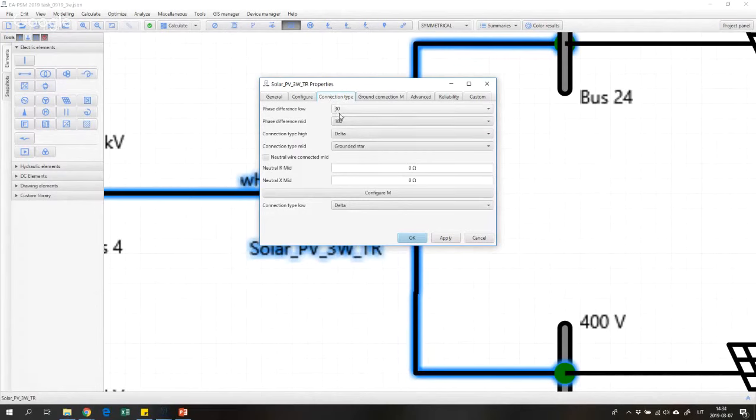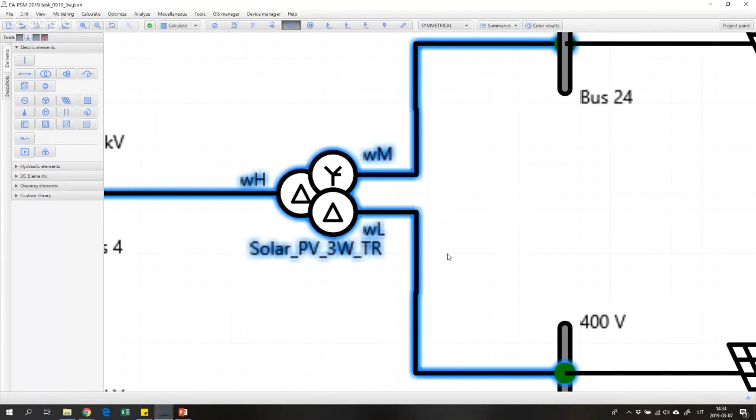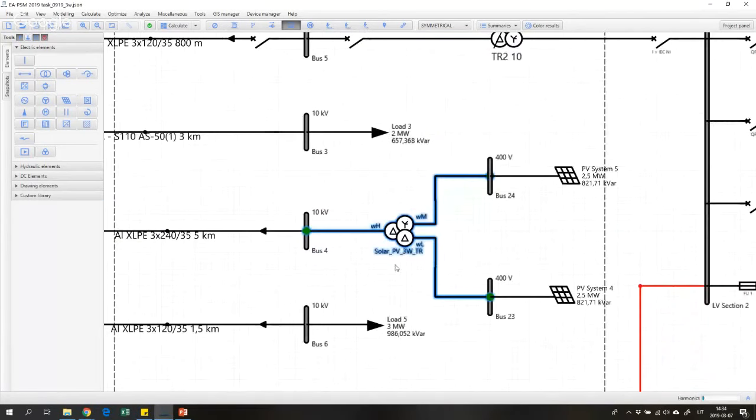I can see that there are also phase angles between the high voltage winding and the low voltage windings. These phase angles are selected so that they change harmonic phases to be opposite, and when we calculate the sum of those harmonics, they will be close to zero. So now let's calculate harmonics with this kind of transformer.